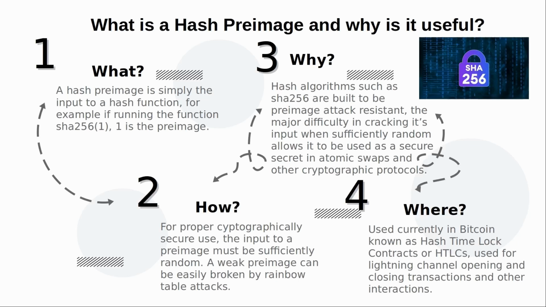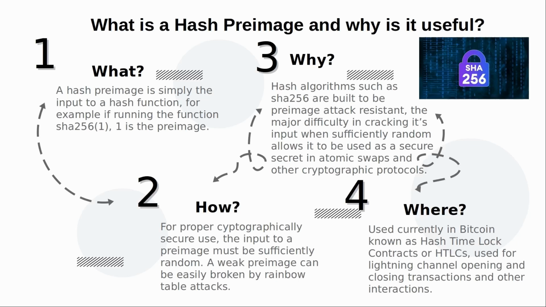So why do we use it? Hash algorithms such as SHA-256 are built to be preimage attack resistant. Difficulty in cracking the preimage allows it to be used as a secure secret in the atomic swap protocol.